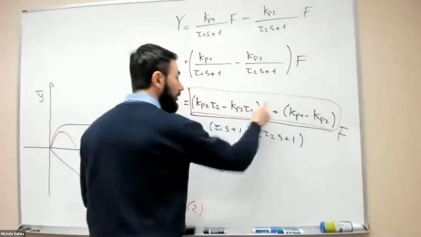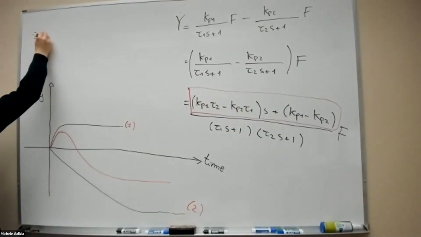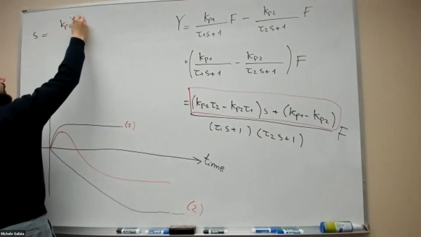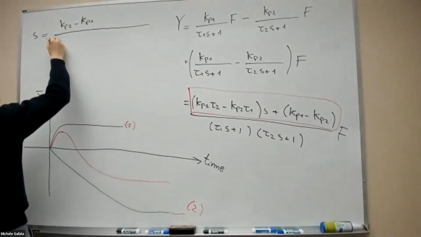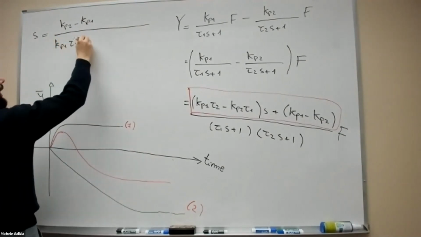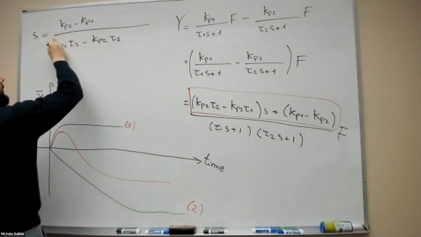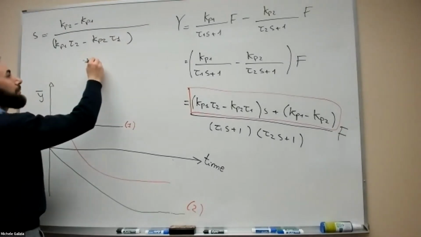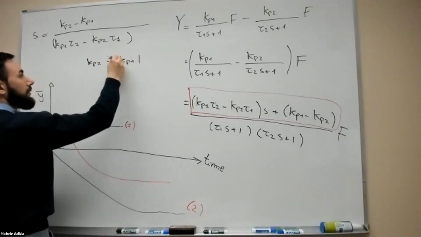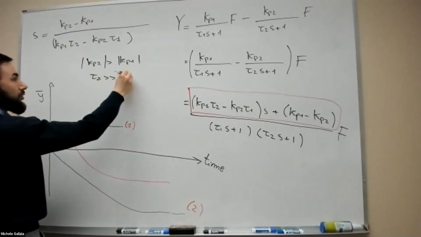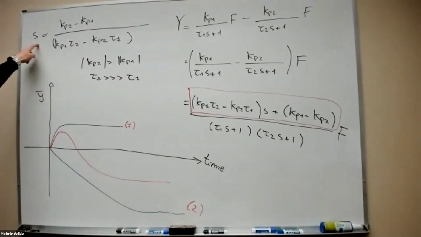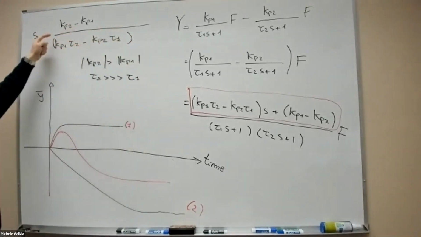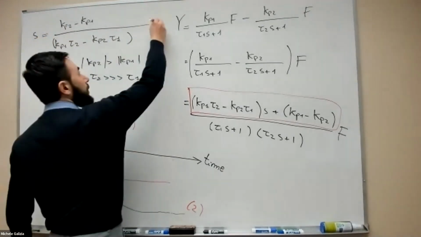If we calculate the zero of this numerator, we get that the zero is (Kp2 minus Kp1) divided by (Kp1 tau2 minus Kp2 tau1). Based on what we mentioned before, Kp2 is larger than Kp1, and tau2 is much larger than tau1. So this zero of the numerator for sure is positive because it's the ratio of two positive numbers.